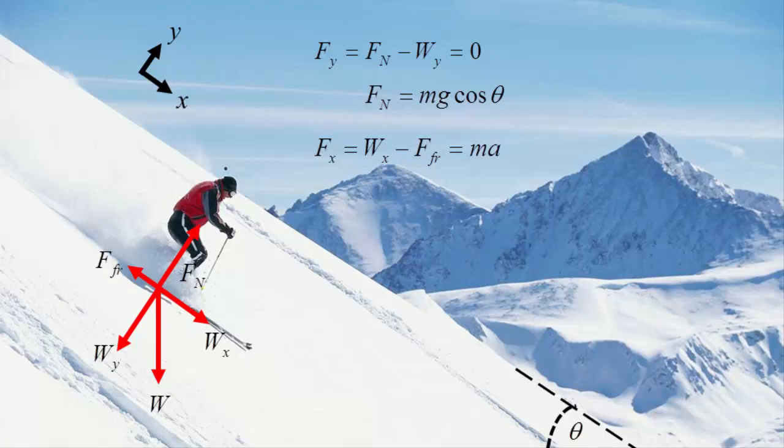Now, the frictional force is equal to the coefficient of kinetic friction, because the ski is moving, multiplied by the normal force. And we've already established that the normal force is equal to mg cos theta. We can also write the weight in the x direction as mass times the component of gravity in the x direction.